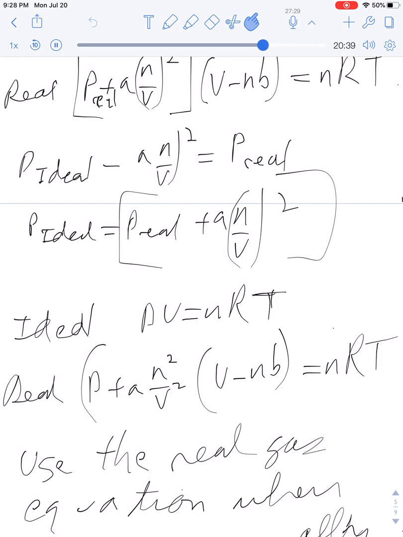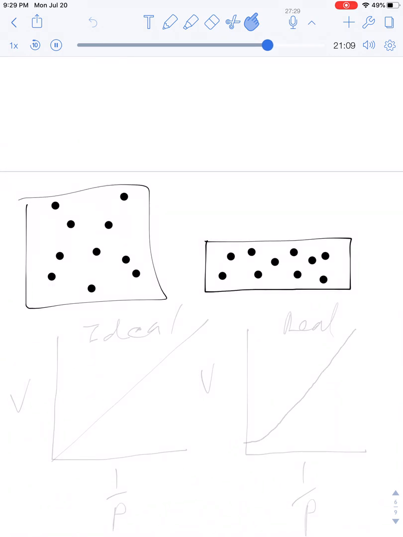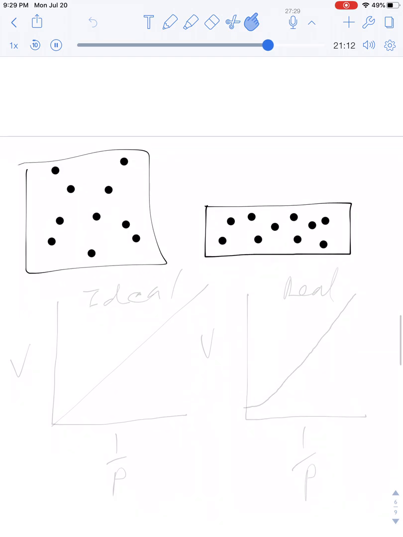Well, what if I compress that volume down into a very small area? Now, there's much more likelihood that there's going to be attraction between those gas particles because they're so close to one another. And therefore, the pressure is going to be different. Also, the size of the volume is small now compared to the size of the gas molecules.